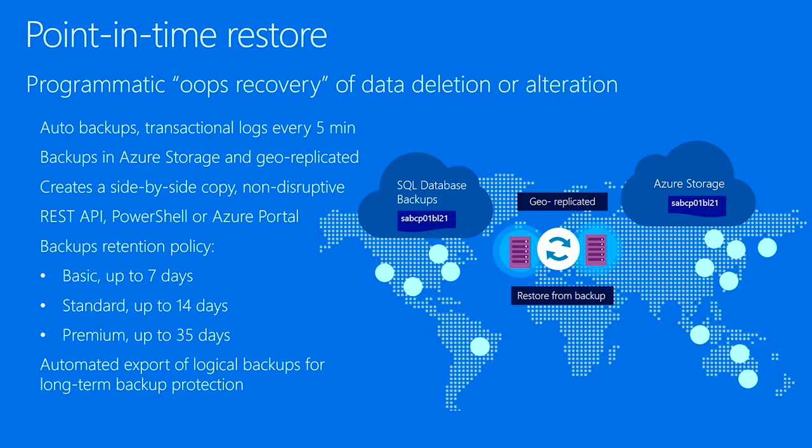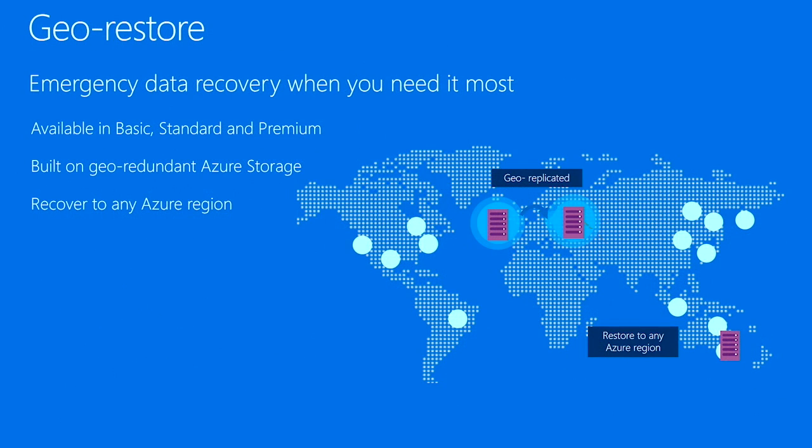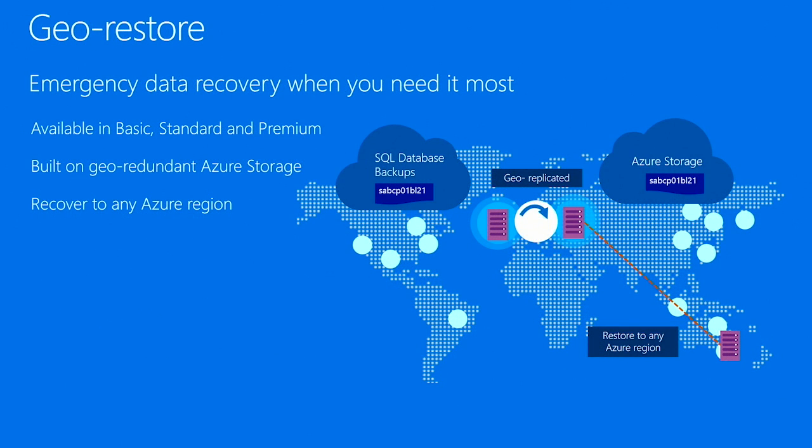To support database disaster recovery and continuity, we have 3 different business continuity features. Point-in-time restore: we support up to 35 days of point-in-time restore of your data. And we just introduced long-term data retention, which supports data backup storage for up to 10 years. For disaster recovery, we have geo restore, in case a data center goes out, and you can always restore your data from the paired data center and start it up again.